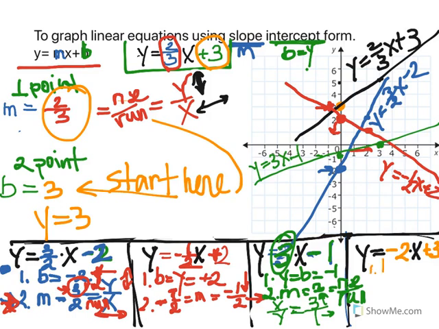this one, again, y-intercept. My y-intercept, same thing as b, is 3. This is my first point. My second point I will obtain once I figure out my slope. My slope is negative 2, but what happened to the run? Introduce 1, negative 2 over 1.